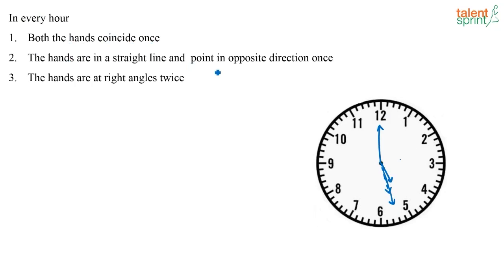Similarly, the hands of the clock are in a straight line, that is, both the hands point in opposite directions once every hour. Or the angle between the minute hand and the hour hand is 180 degrees once in every hour. Like if you are taking the time between 3 o'clock to 4 o'clock, what will happen? Somewhere around 3:45, how will the minute hand and the hour hand look?